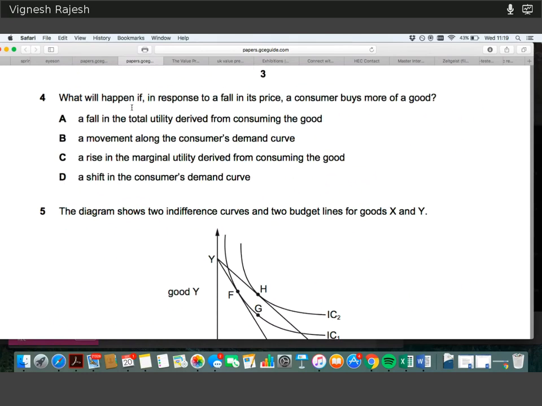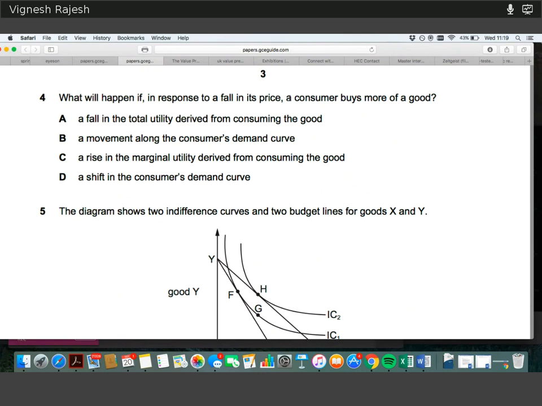Okay, question four. It's easy to get quite confused on this one, but if you just think of it through, the answer is quite straightforward. It's essentially B, because it's mapping an individual consumer's demand curve, and the demand curve is downward sloping. A fall in price will lead to a rise in the quantity that consumer would buy.